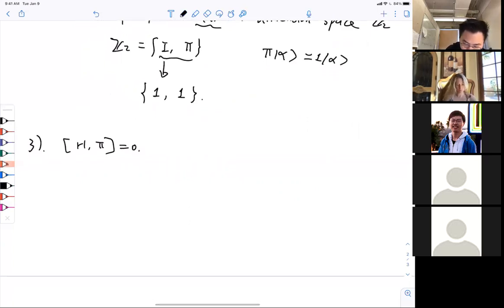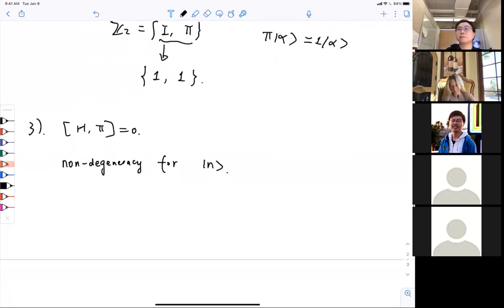I'm pretty sure you know that if there's non-degeneracy for some energy level n, then this state n must be even or odd, right?